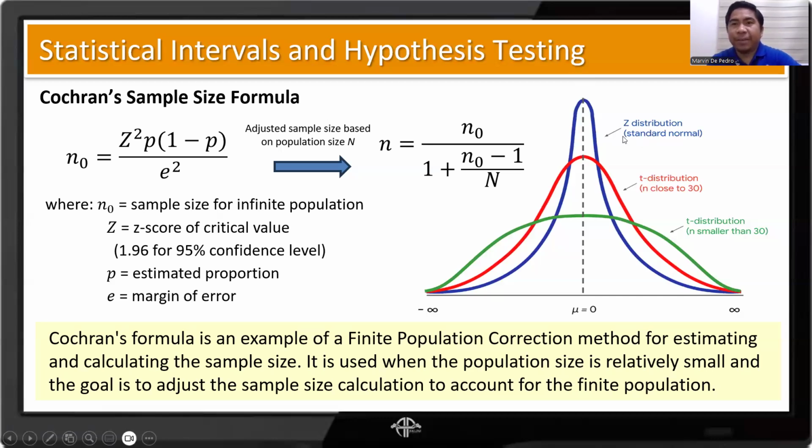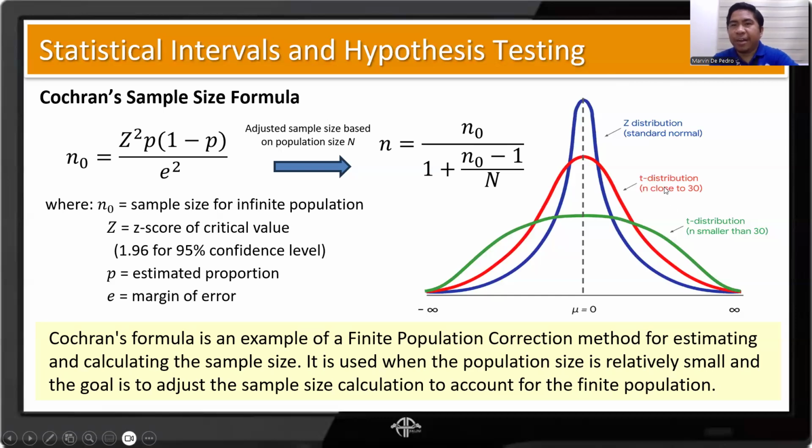Because the z-test assumes that your distribution is already normal. But if you are not yet sure that your distribution is normal, or it's almost normal only, then you cannot use the z-test. Instead, you use the t-test, right?